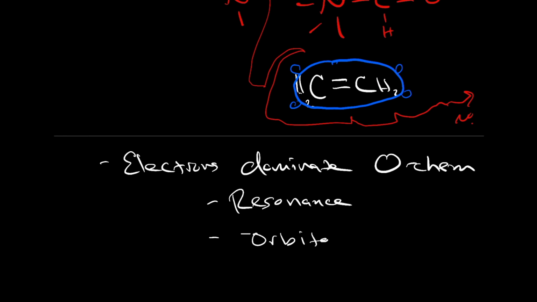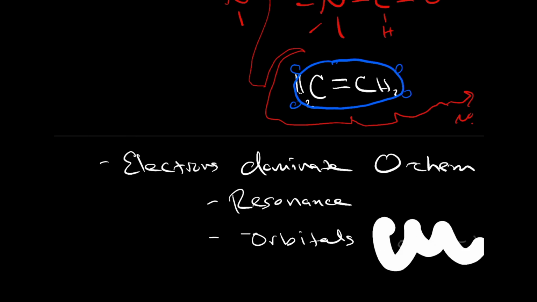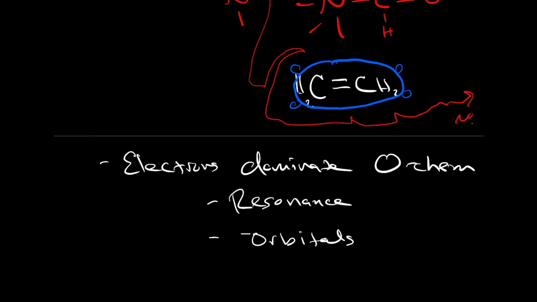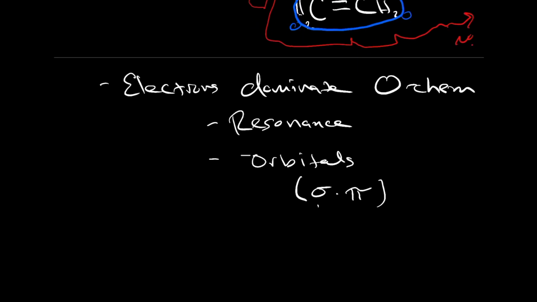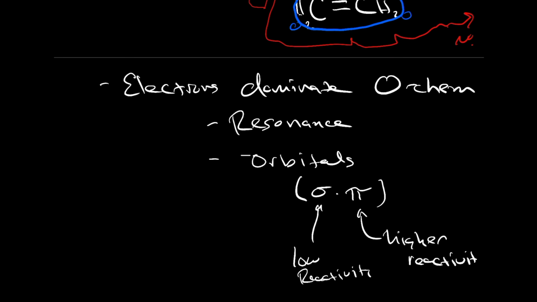And we kind of cover the topics of sigma and pi bonds. And we discuss sigma and pi bonds, those two orbitals, and how sigma are low reactivity, pi are higher reactivity. All right.